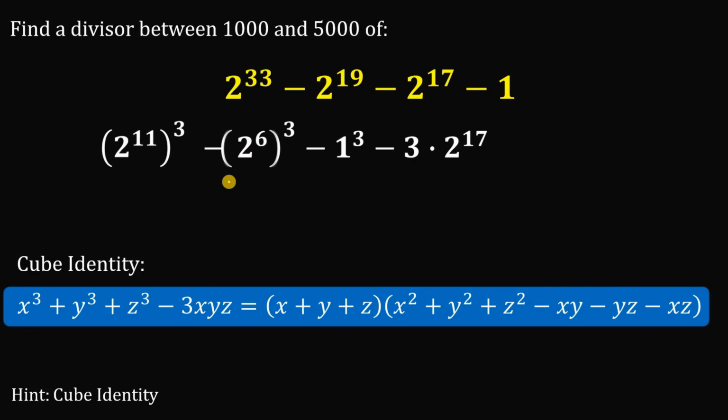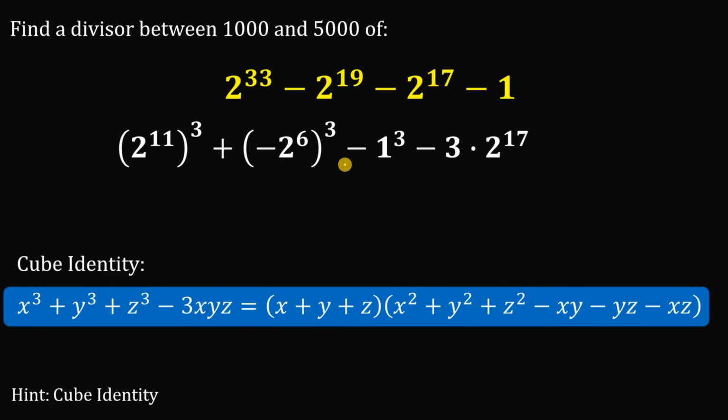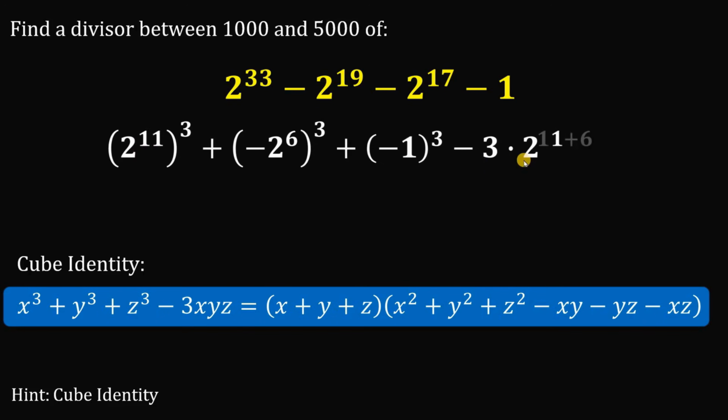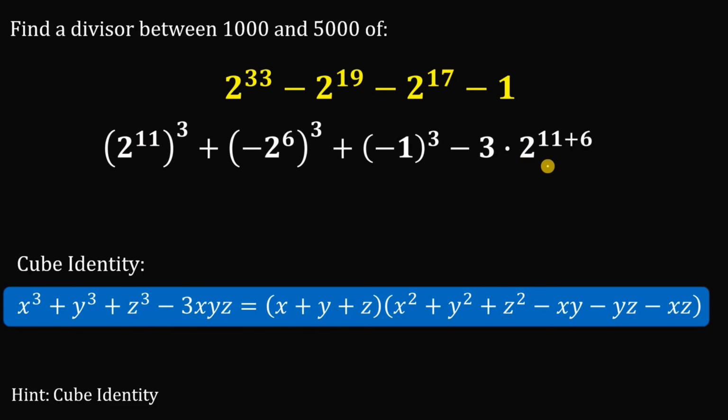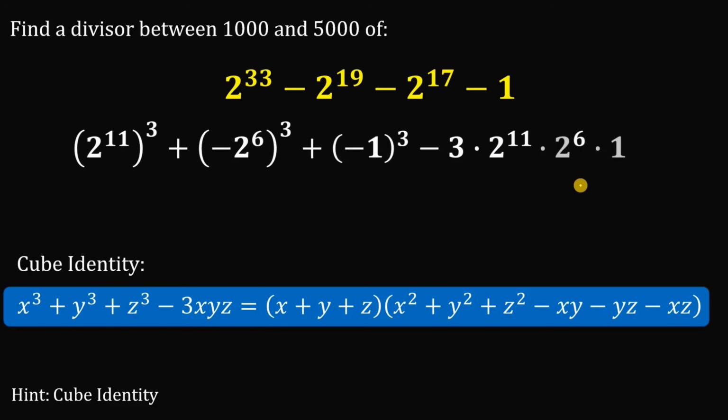So we can rewrite this using addition. Also, this negative 1 raised to the power of 3, we can rewrite as plus negative 1 raised to the power of 3. Also take note, this 17 is 11 plus 6, which we can rewrite as 2 raised to the power of 11 times 2 raised to the power of 6 times 1.